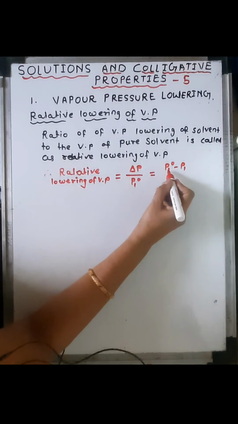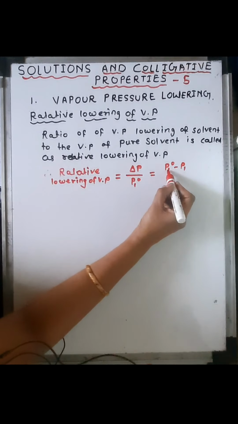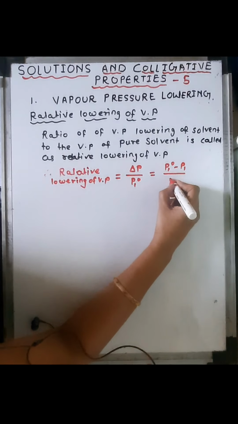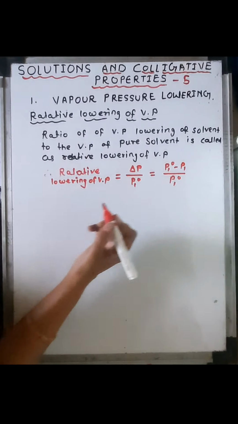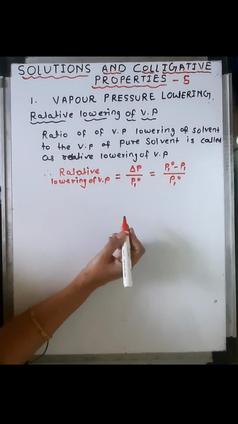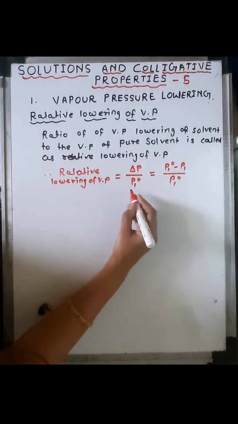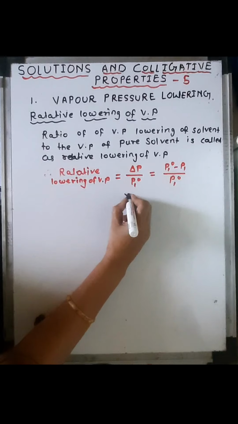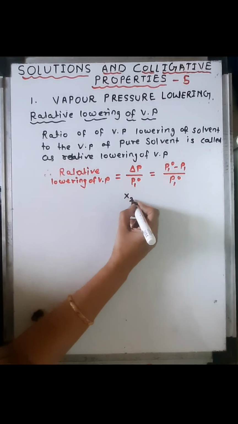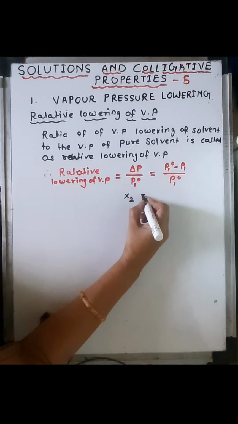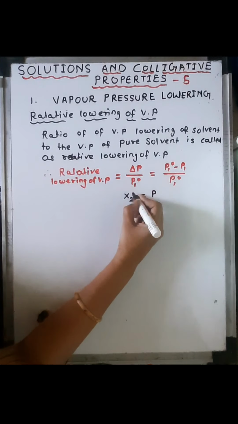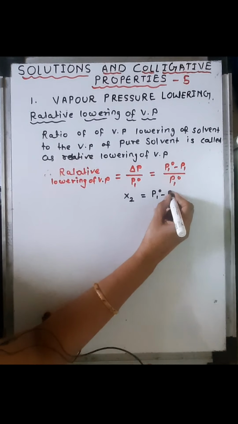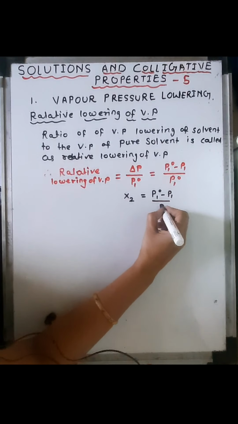It is the difference between the vapor pressure of pure solvent and the vapor pressure of the solution, upon P1°. But we have delta P upon P1° is equal to X2, that is the mole fraction of solute. Instead of this we are using X2, so X2 is equal to (P1° minus P1) upon P1°.